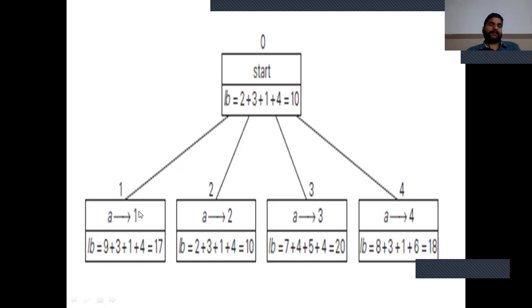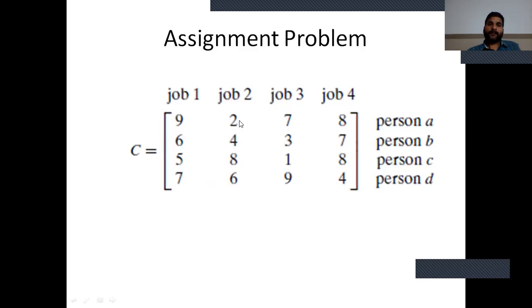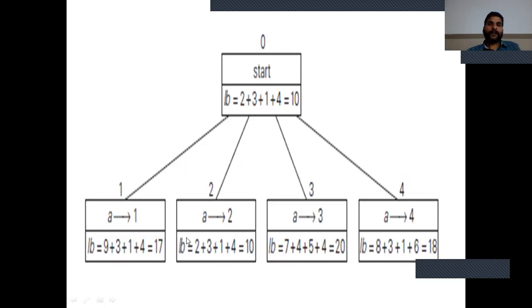For assigning job 1 to A the value is 9, and the remaining matrix gives 3 plus 1 plus 4, so the lower bound for assigning job 1 to person A is equal to 17. Now the second choice: if we assign job 2 to person A, according to the cost matrix the value is 2, so the cost is 2, and then we write 3 plus 1 plus 4.